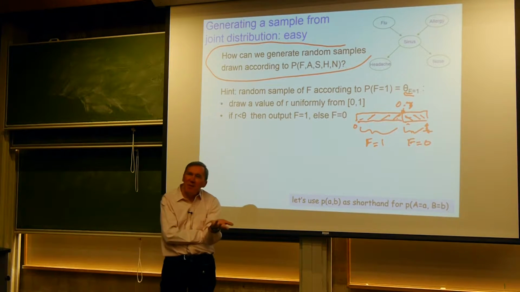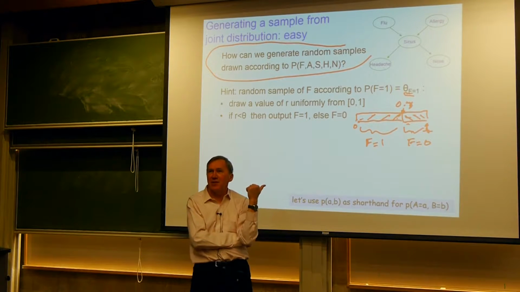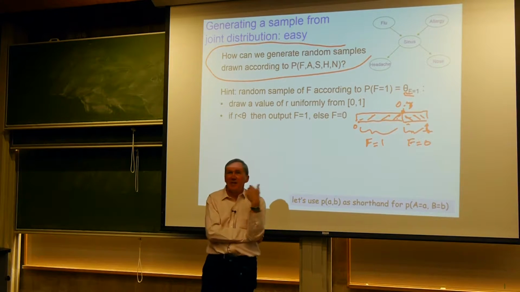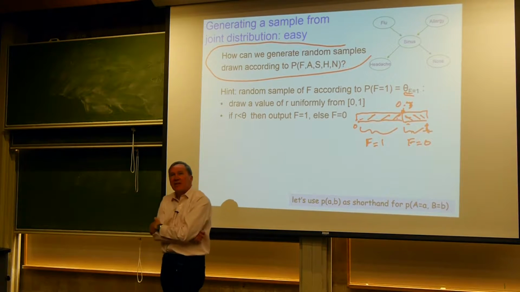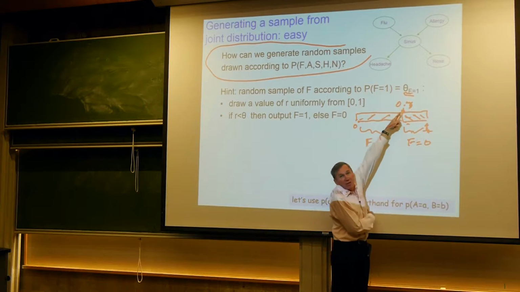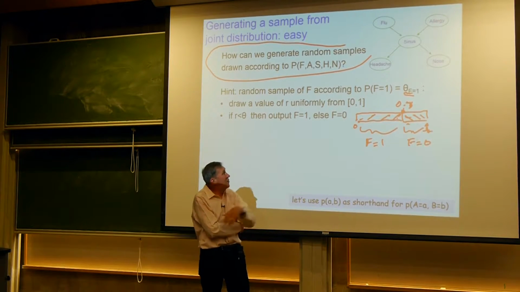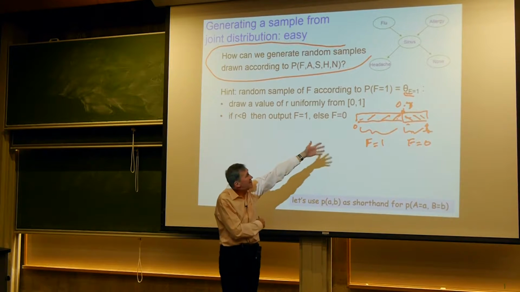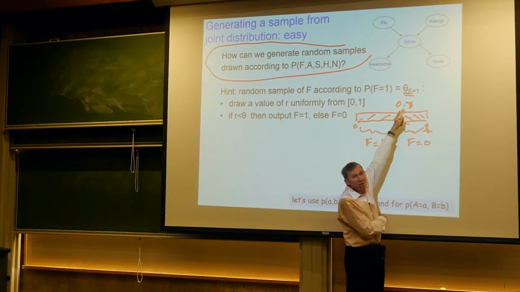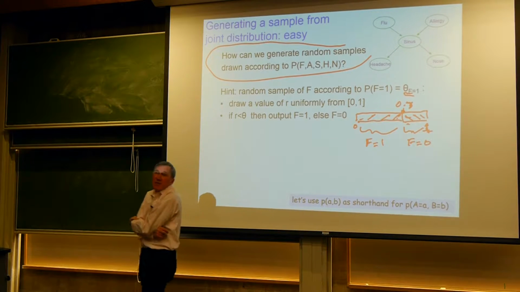By the way, is it clear what I mean when I say a sample from the joint distribution or a sample from the single distribution? I just mean I want a bunch of random numbers that obey whatever the distribution is. So in this case, if I generate 100 points like this, I expect theta % of them to be 1s and 1 minus theta % of them to be 0s.